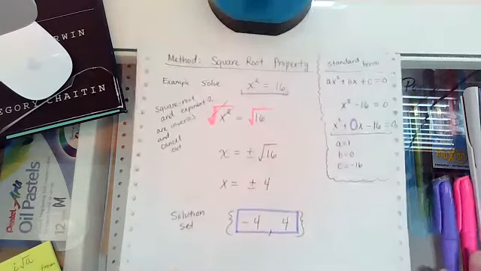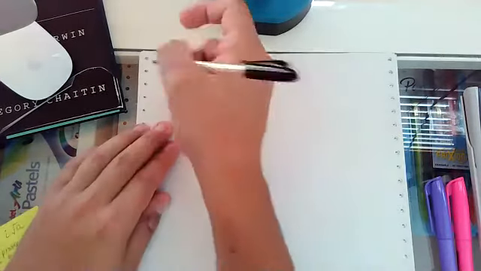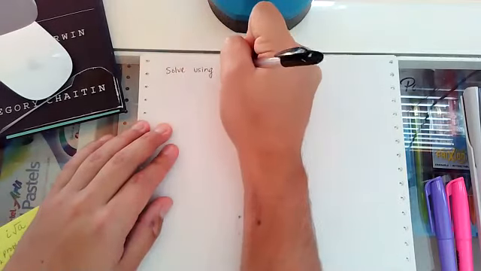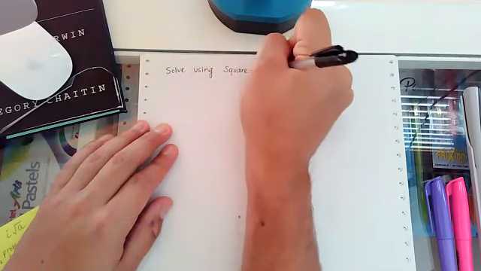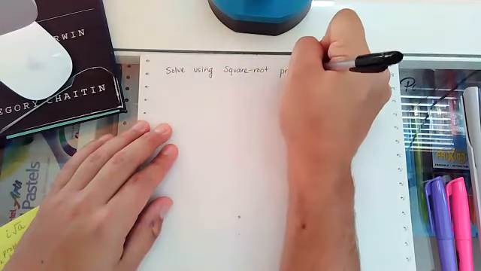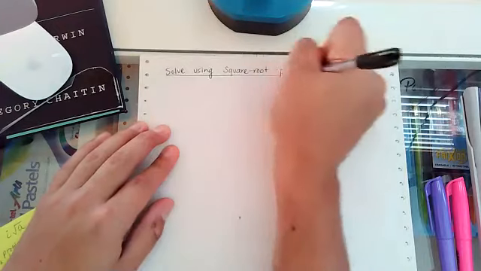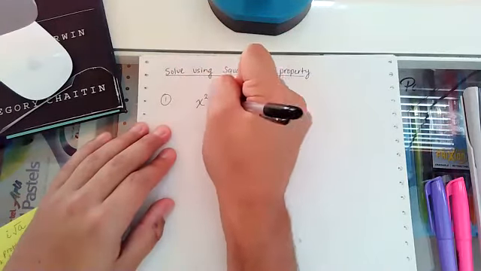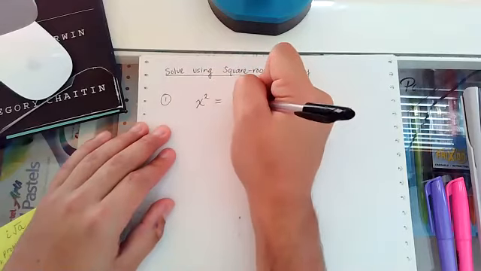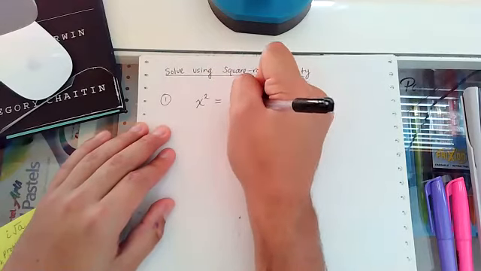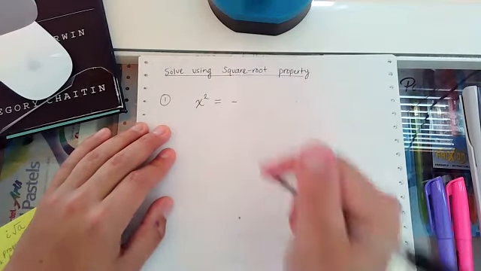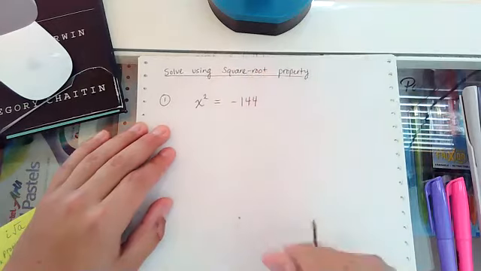Okay, I want to give you guys a couple of these to solve on your own. So solve using the square root property. X squared is equal to, let's go with negative 144.